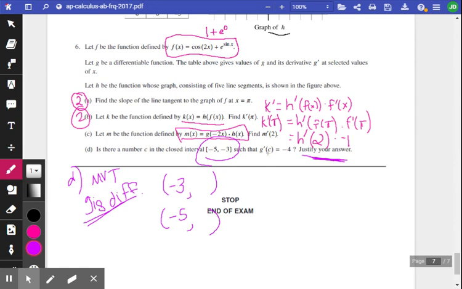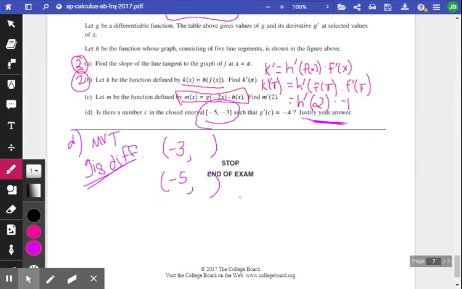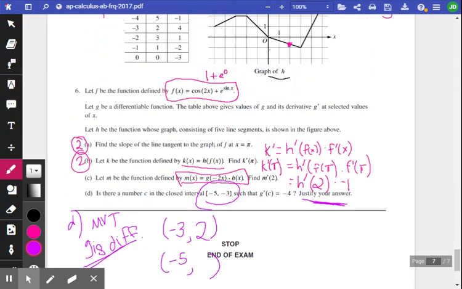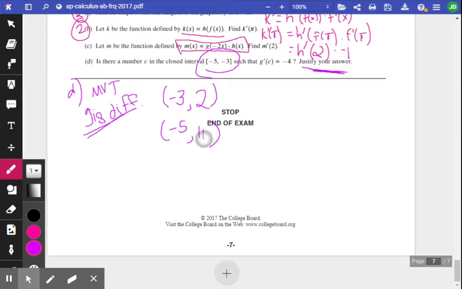So -3 and -5 are x values. Let's go look at g and see what those y values are. So -3 gives me a y value of 2. And -5 gives me a y value of 10. So let's see what the slope is between these 2 points. So if I'm writing this up as mean value theorem, I'm asking myself, what is g of -5 minus g of -3 over -5 minus -3?